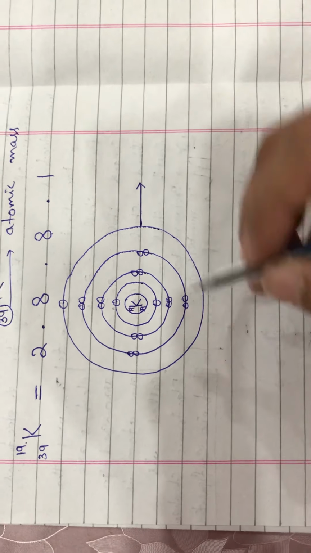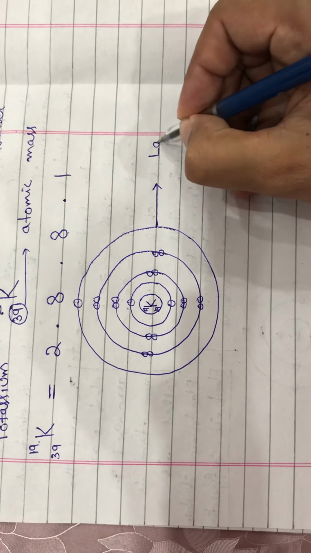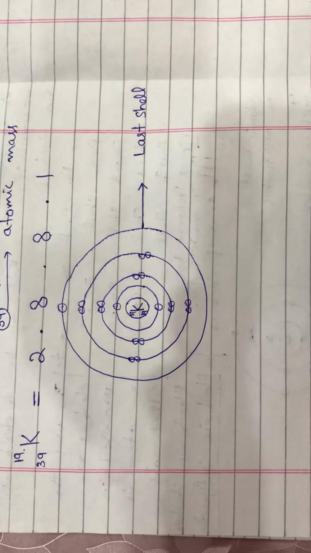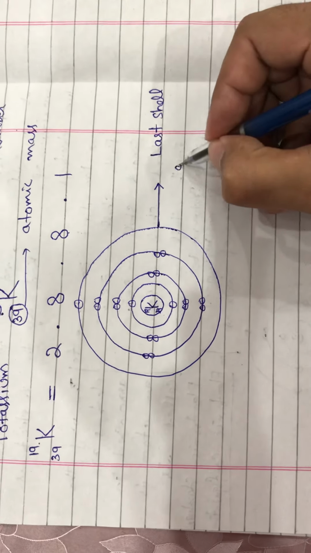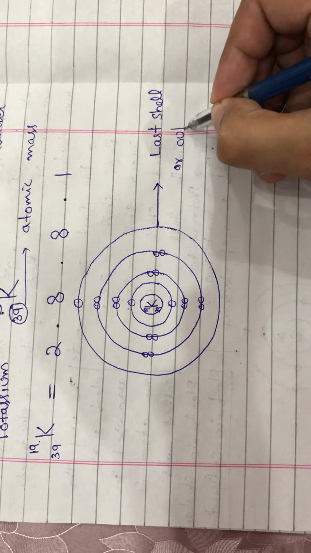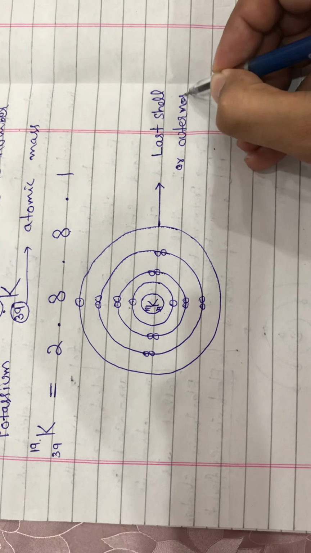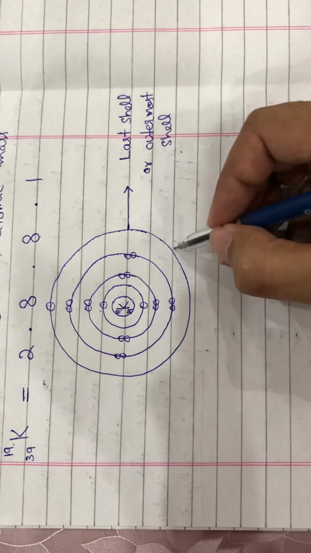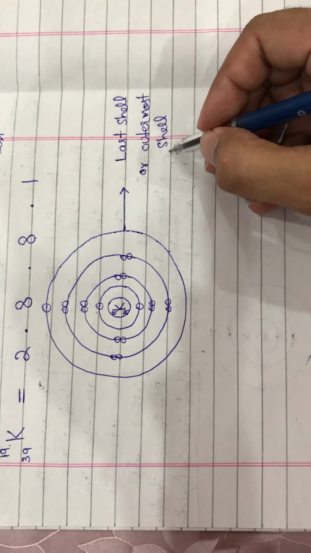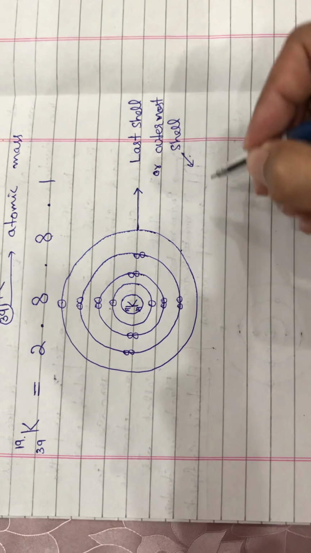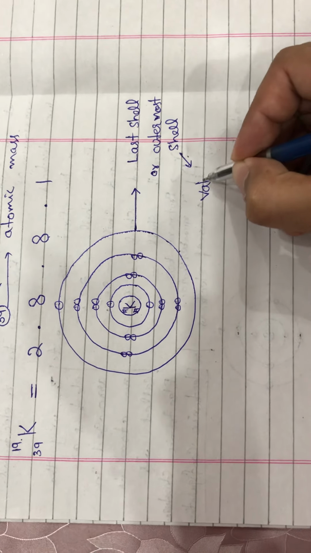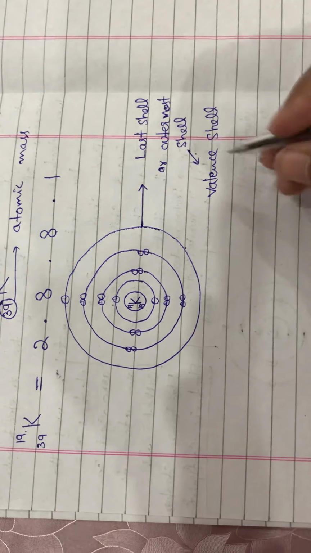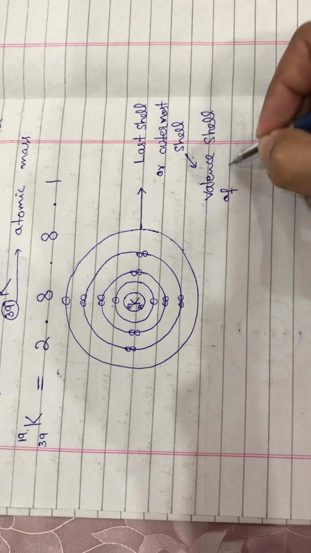The last shell is also known as the outermost shell. In common, we call the last shell or outermost shell the valence shell of an atom.